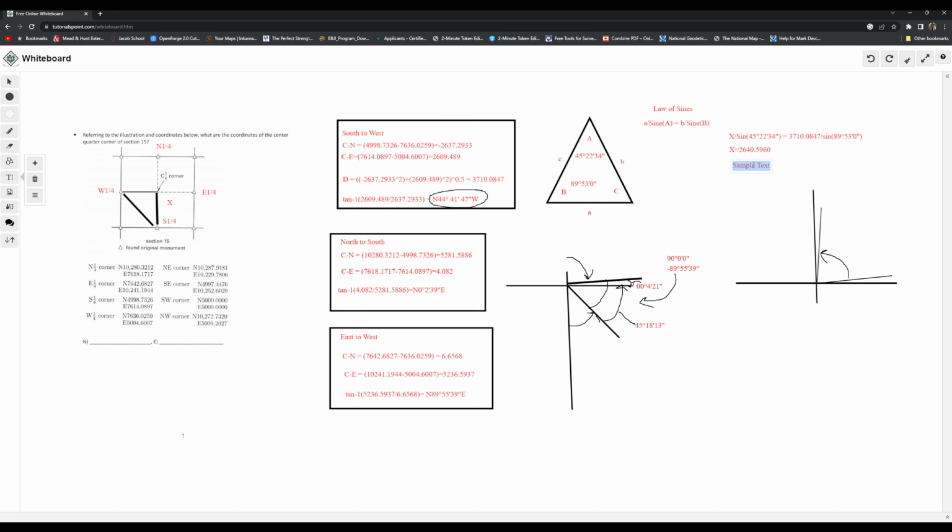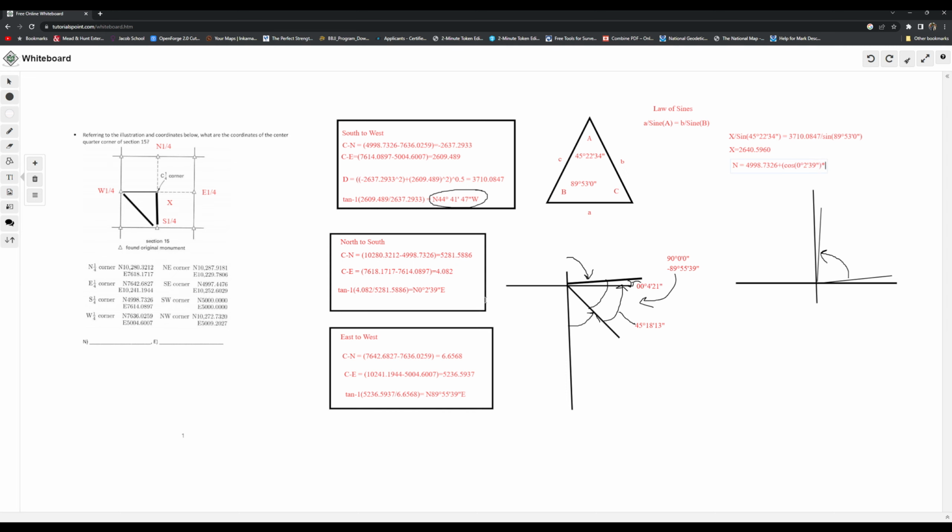Okay, so northing is going to equal, and this is coming from the south quarter corner, 4998.7326 plus, because we're going up, so you have to think about that, plus parentheses cosine parentheses, and we have to use the north to south bearing that we calculated, which was 0 degrees, 2 minutes and 39 seconds, right?